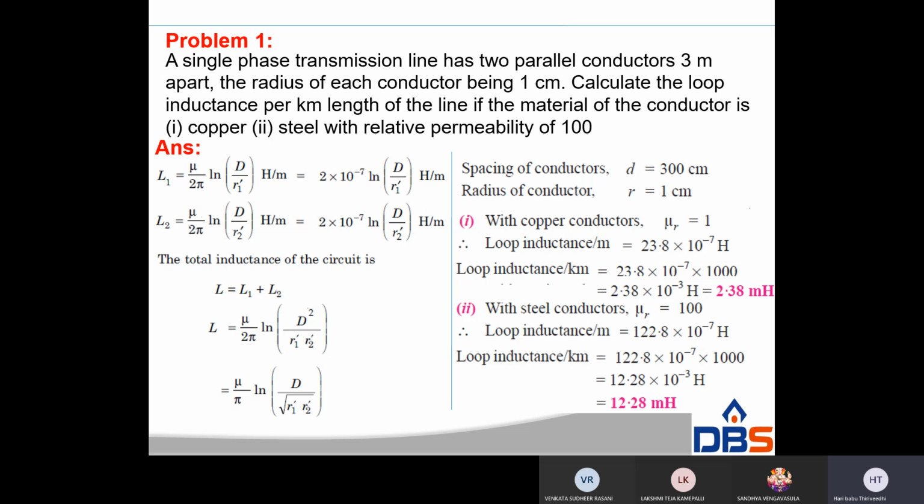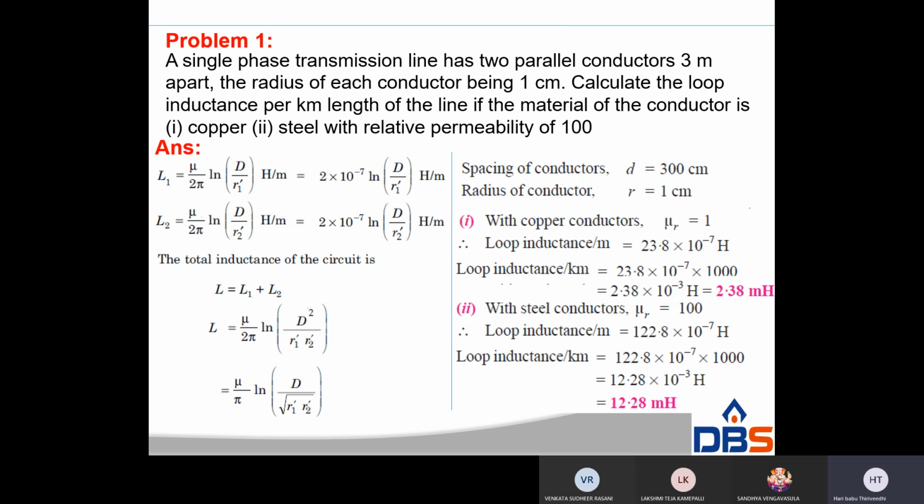So loop inductance is nothing but this formula.